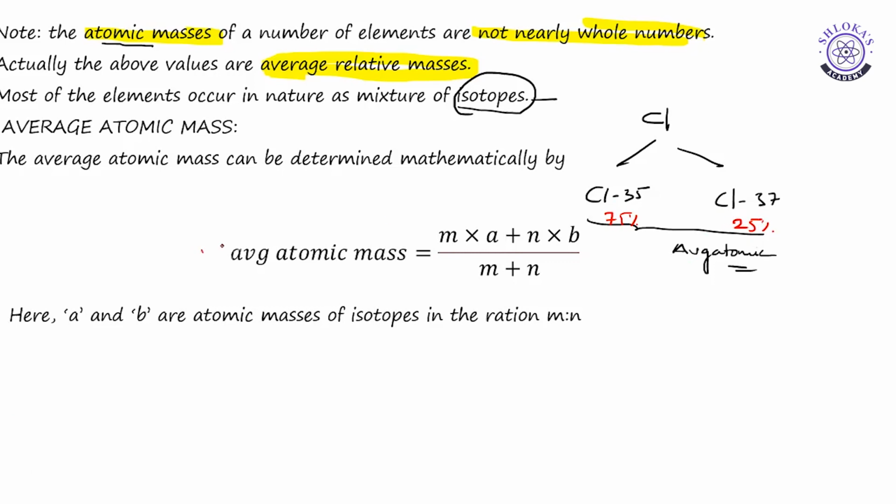Now, by using this formula, average atomic mass is equal to m into A plus n into B by m plus n. Here m means the relative abundance of a particular isotope, and A is its mass number, 35 you should take. By substituting all these, we can find the average atomic mass of elements available in the form of isotopes.